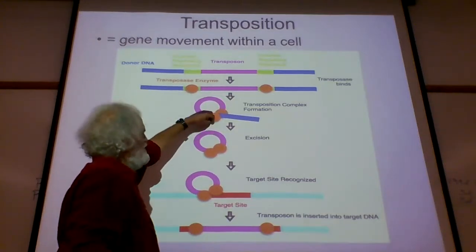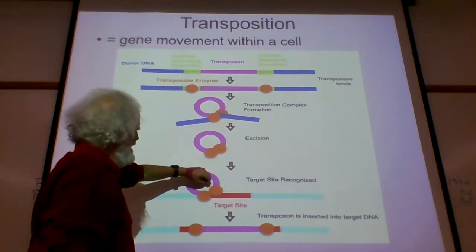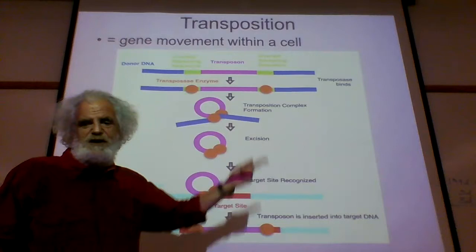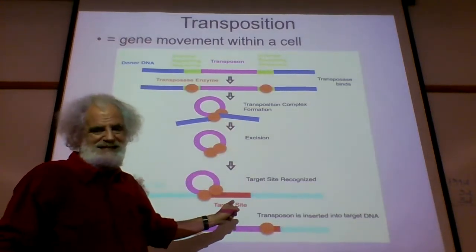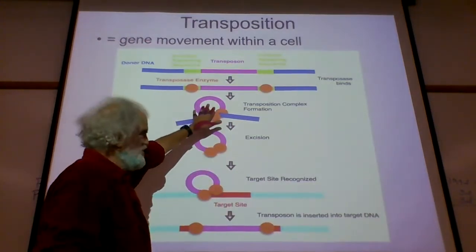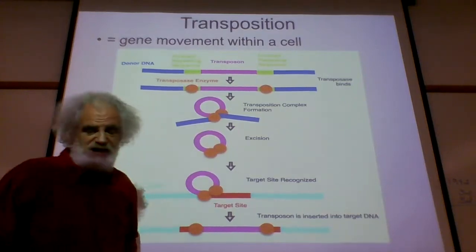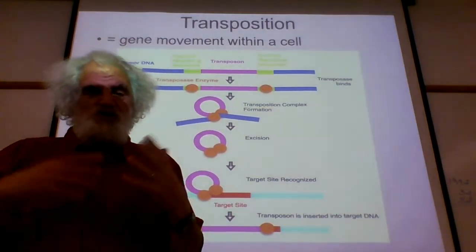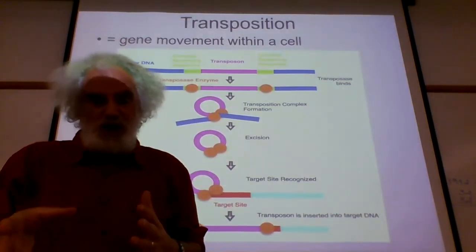It will loop out a piece of DNA, and then it can put it back in at a target site. It's very much like copy and paste. You can do either a cut and paste or a copy and paste. This is a way that genomes can evolve fairly quickly.